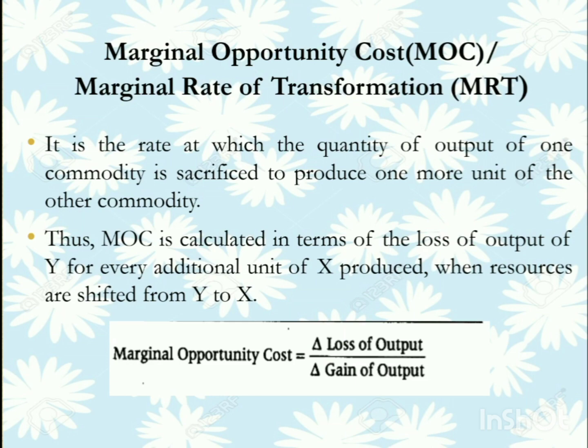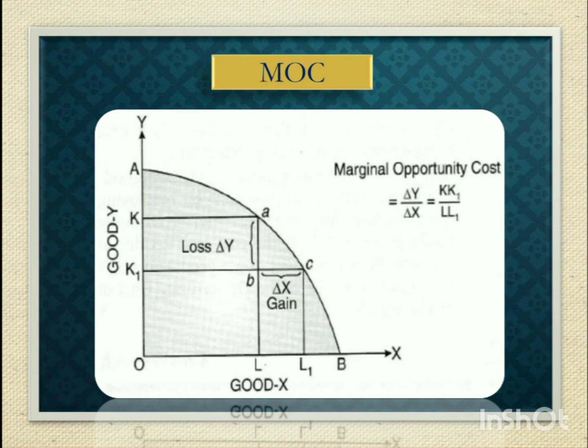Thus, MOC is calculated in terms of the loss of output of Y for every additional unit of X produced when resources are shifted from Y to X. So, MOC is equal to delta Y divided by delta X.